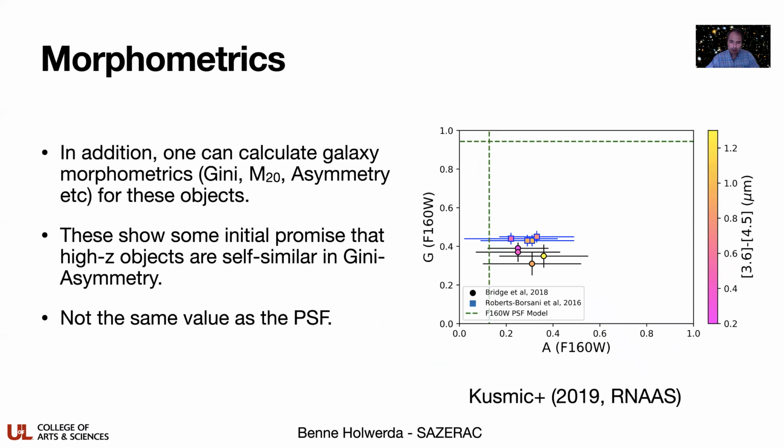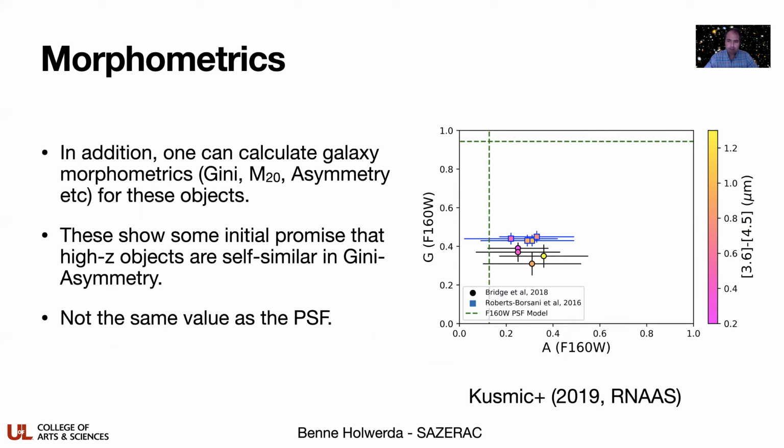Another avenue that I explored with my student Samir Kushmich in 2019 is to see where the morphometrics end up. Morphometrics is a term that I'm using for all the parameters such as Gini, M20, asymmetry, concentration, etc., and to see where these bright sources actually end up in that parameter space. The reason that I'm pointing this out is that in Gini-asymmetry space, they all seem to be nicely clustered.